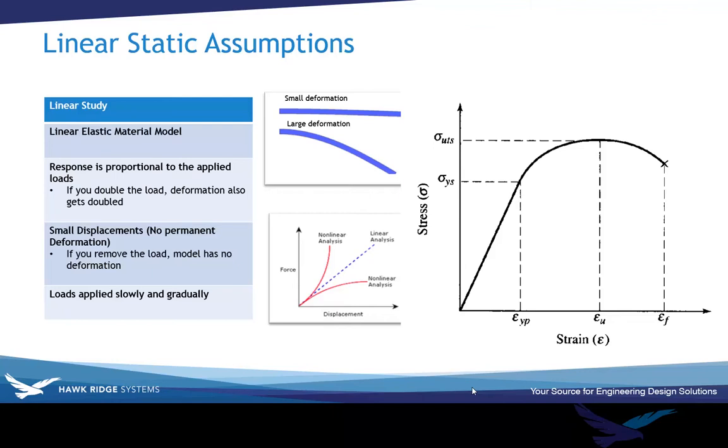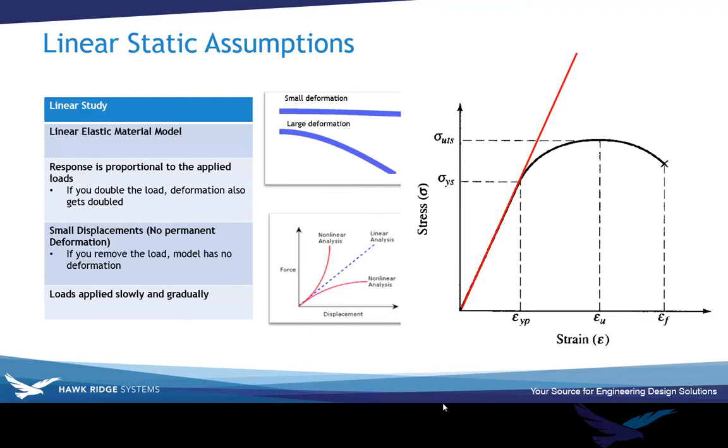On the right hand side there, what you're looking at is a stress strain curve, of course, and the linear range here. Then we can see the yield strength and the plastic range that a material may encounter. A linear static study assumes the material is always going to behave linear elastically.